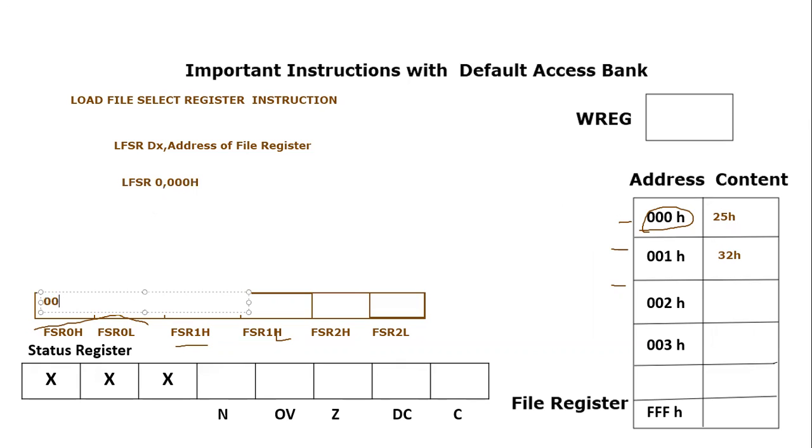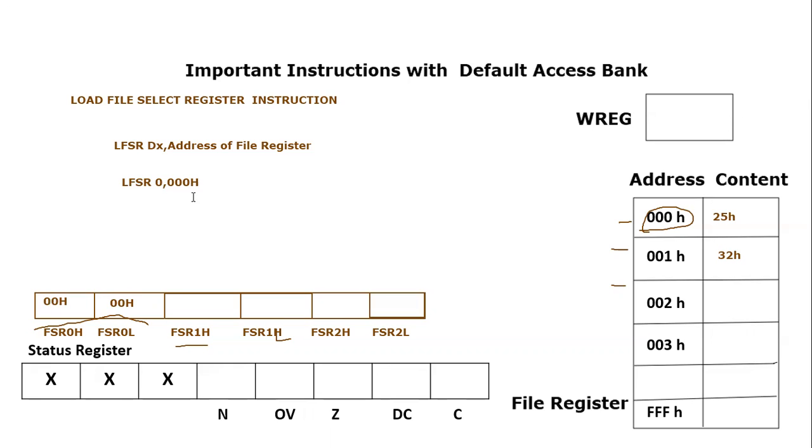FSR0H will become 00 hex, and FSR0L will become 00 hex. You can see that it is a 12-bit address, but FSR0, FSR1 or FSR2 is a 16-bit register, so the most significant 4 bits are always 0.